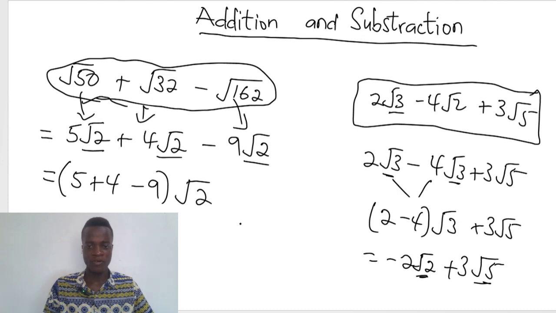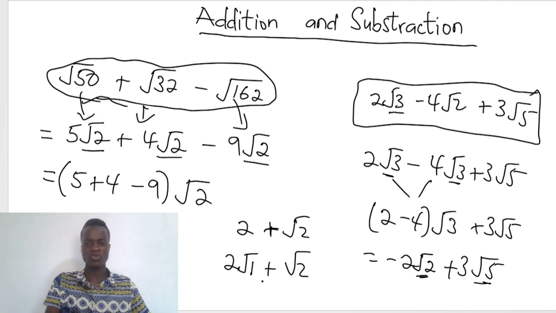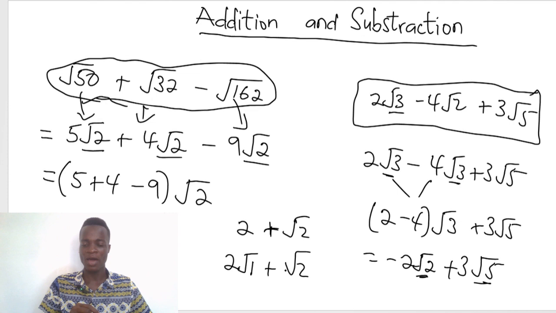Like so, or if you have something like 2 plus root 2, with just 2 here like this, the number under the square root of 2, if it's not with this, 2 plus root 1 root 2, because root 1 is always 1, the square root of 1 is 1. We are talking about positive square roots, remember. So the root 1 and root 2 are not the same. Here there's a 1 in front. Root 1 and root 2 are not the same.